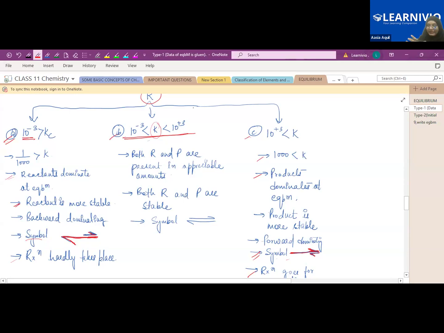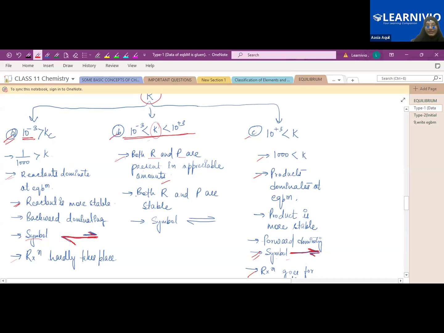So if the constant value is in this range, both reactant and product are present in appreciable amount. No one will dominate over here, both are present in a much appreciable amount, right?